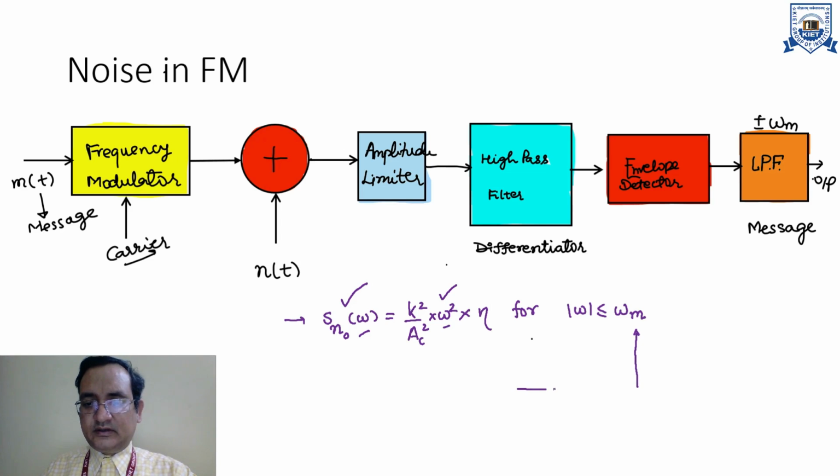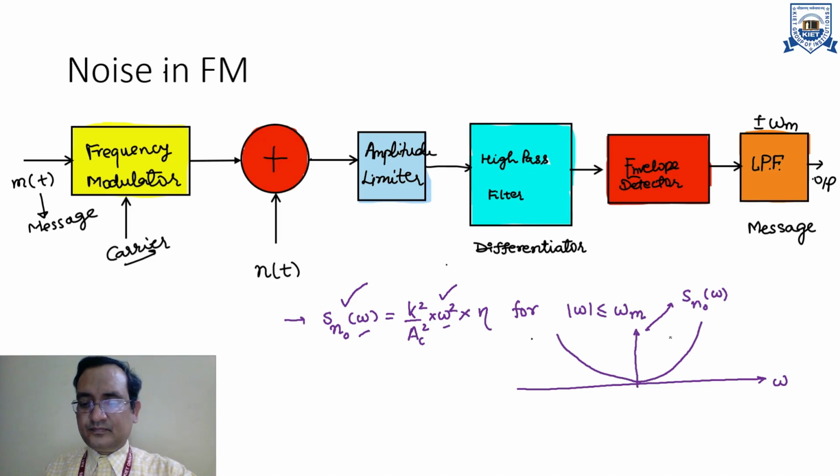So it will be presented as, right, this is your frequency and this term is your S of n naught omega, and this is valid from minus of omega m to plus of omega m.